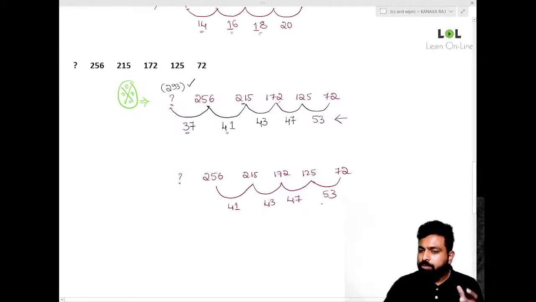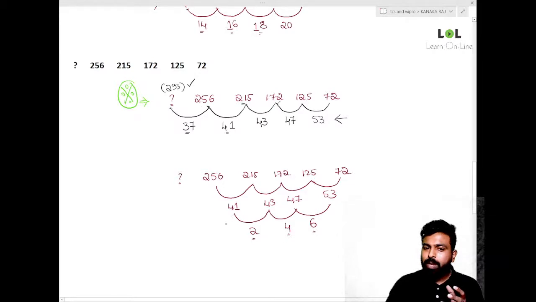And if you're not able to tell anything, you start taking the difference from this series. 47 and 53, what is the difference? 6. 43 and 47, what is the difference? 4. 43 and 41, what is the difference? 2. The difference here is varying by 2.